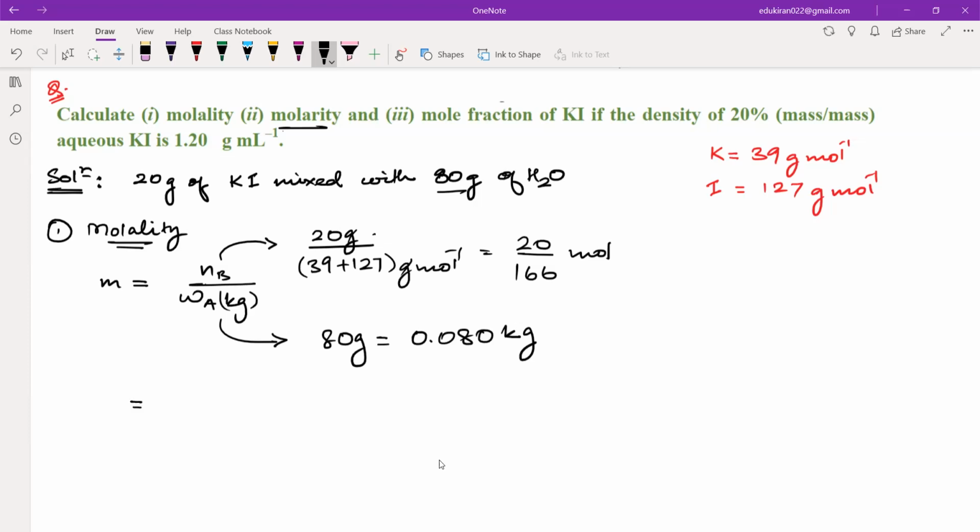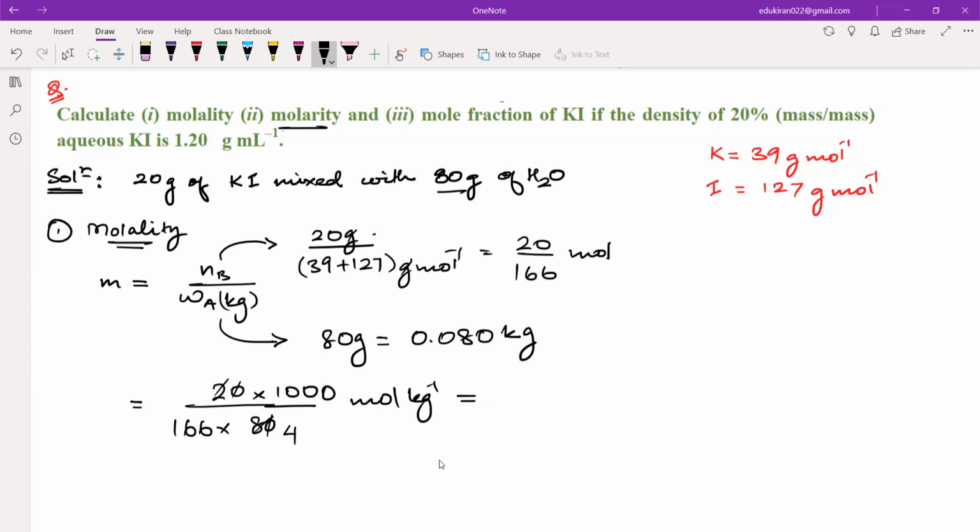So this will be equal to 20 upon 166 into, I can write this as 80 upon 1000. So 1000 will go above, and you will get this as moles per kg. Cancel a few things.